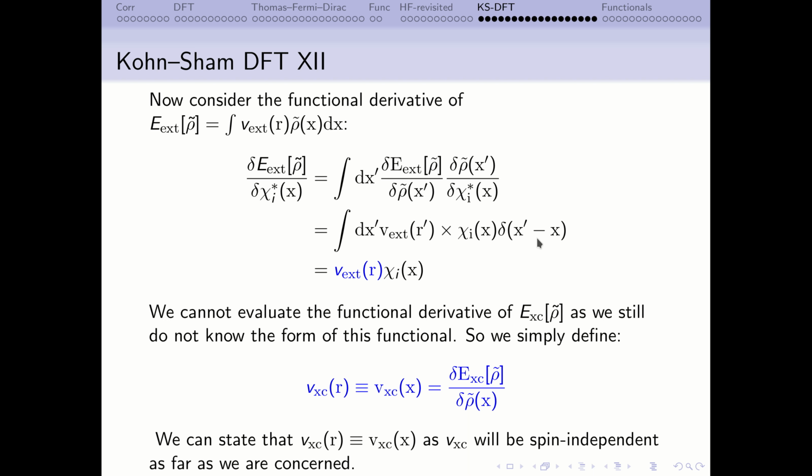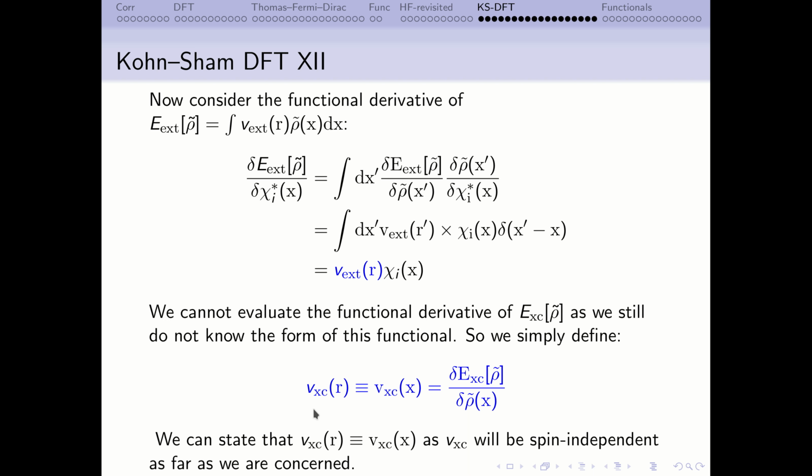And then this delta function drops the remaining integral to give you the external potential times chi I. If this looks a little complicated, once again just go back and apply the definition of a functional derivative. If you have any still further doubts on this, I will perhaps put up an even more detailed explanation as to how these things are done.